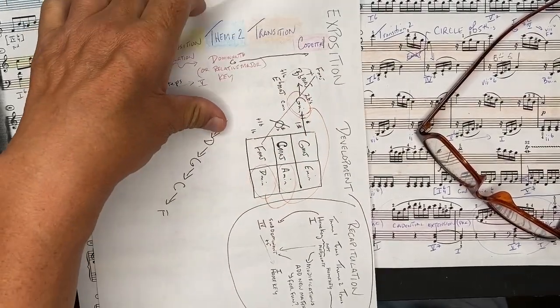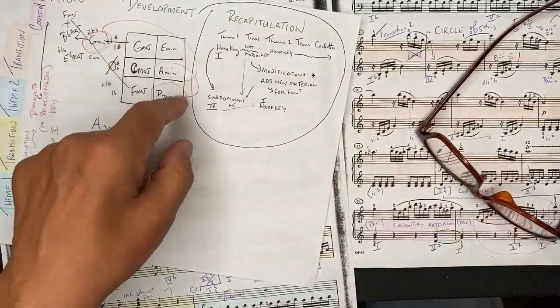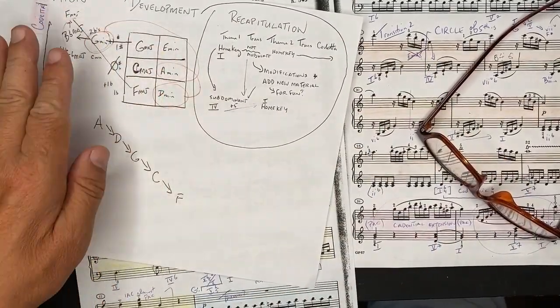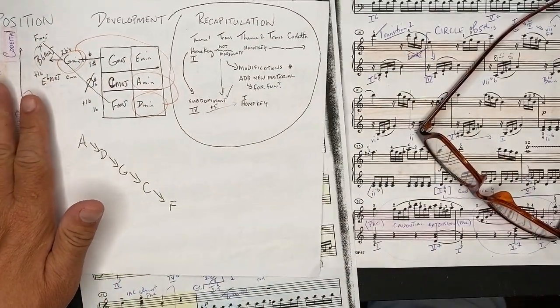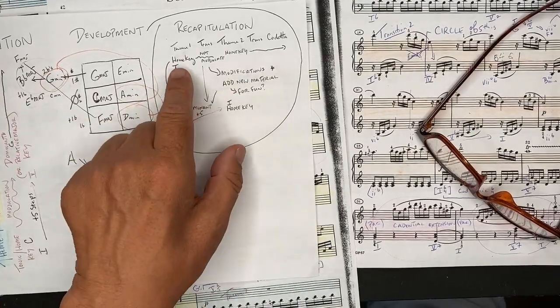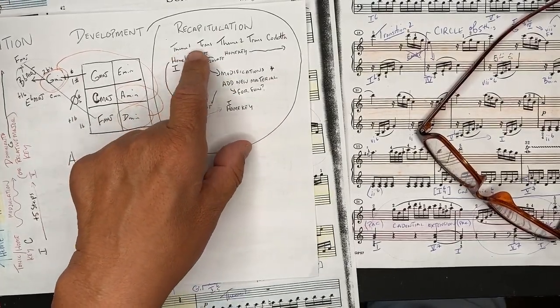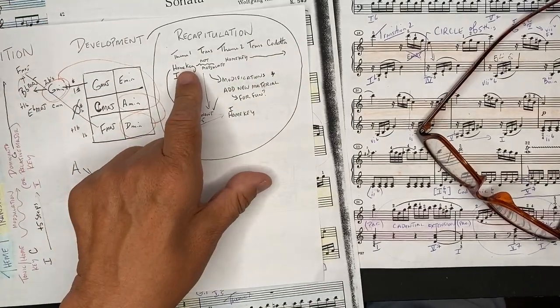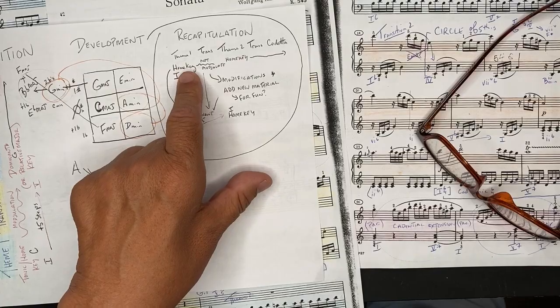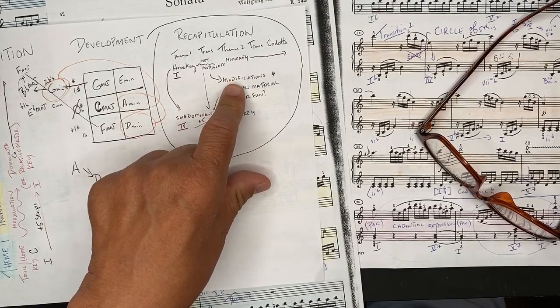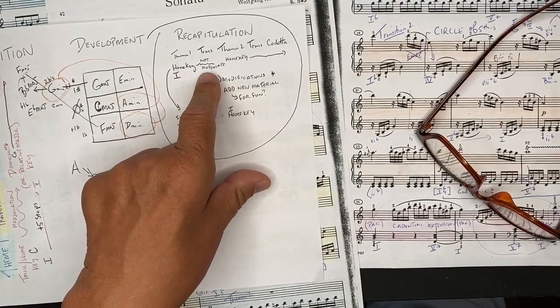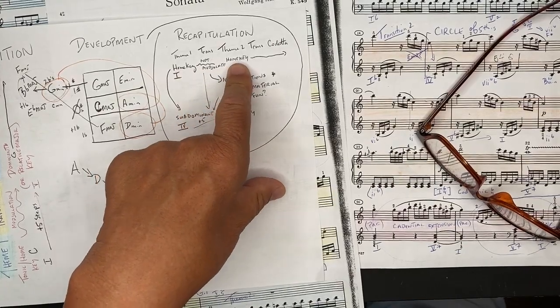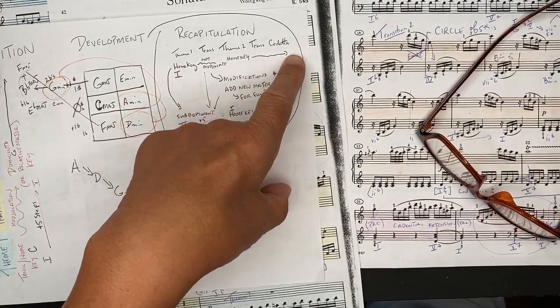Then the development goes through a bunch of different keys and does a bunch of different things working with the materials you had. The recapitulation generally still has theme 1, transition, theme 2, transition, and a Codetta like the exposition did, but usually it starts in the home key. The transition is modified so that it doesn't modulate, and it stays in the home key the entire time.